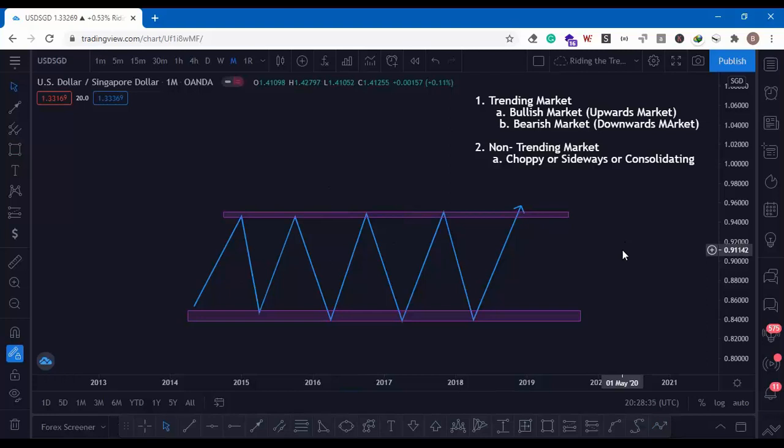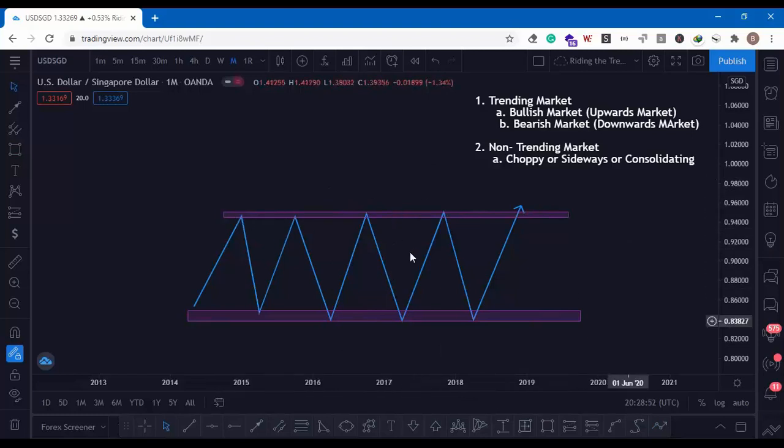But usually, the best advice is that during this kind of market where it is choppy, we don't trade. This is more like a rule that traders use, and it helps.